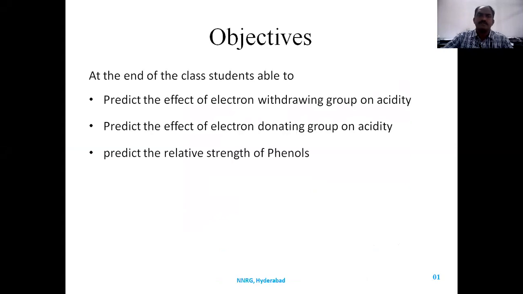Students will also be able to predict the relative strength of various phenols, identifying which is more acidic in nature and which is less acidic in nature. That will be done in today's class.